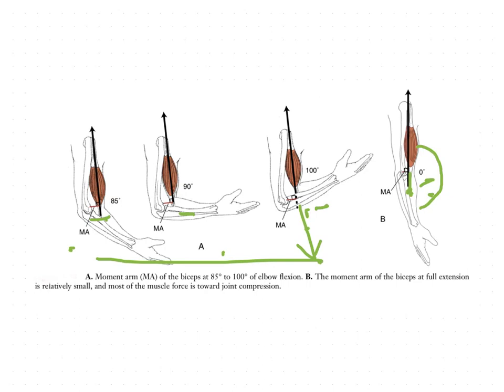And the activation of the biceps was found to be significantly affected by the elbow joint angle.